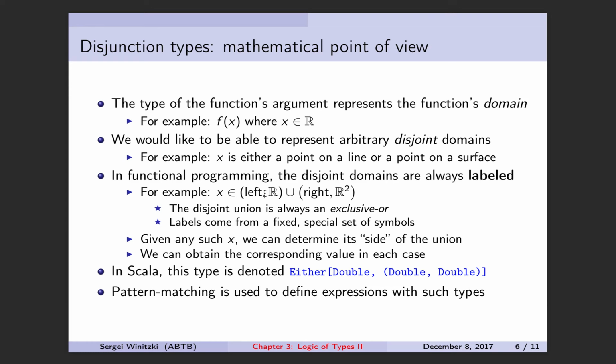And then you have mathematically this kind of domain versus a union, but the union has no points in common. So in order to emphasize this, we put names on each part of the union, and so it's always exclusive OR, and these names or labels must be different for each part of the disjunction or union. And that's how functional programming treats these disjunctions. So I explain this in detail.